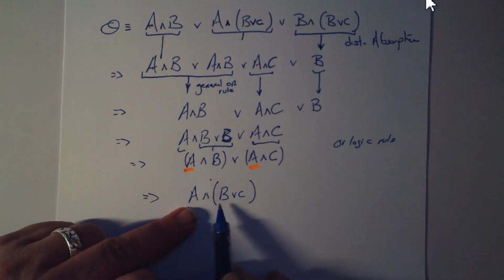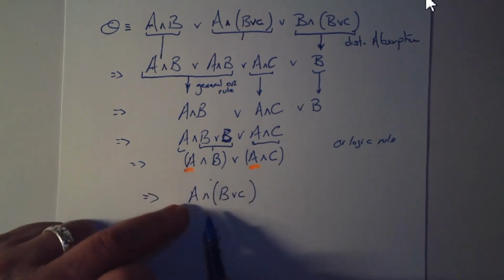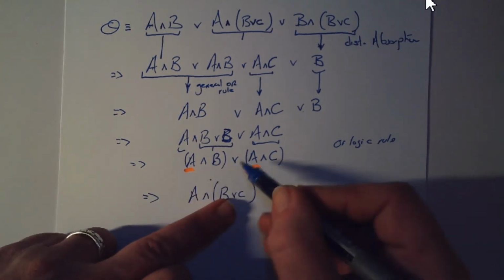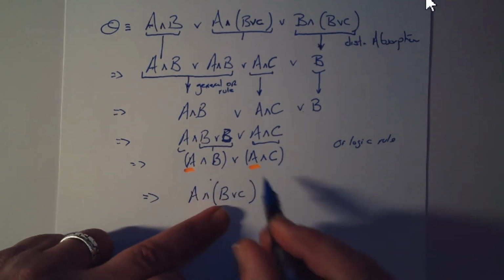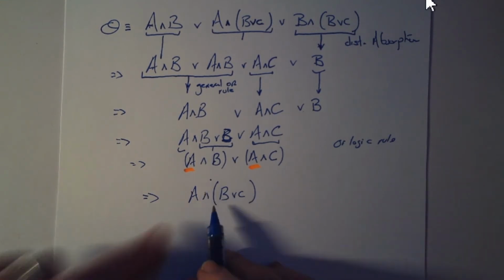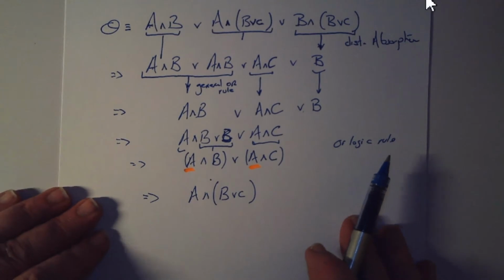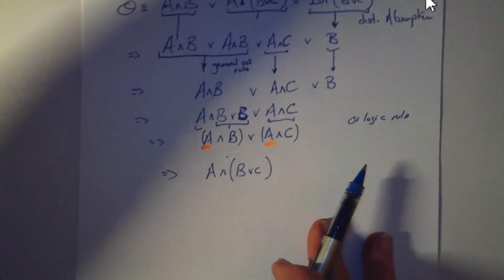So I'm going to have A applied to B, so that gives me A and B, which is there. A applied to C, which gives me A and C there, and of course we've got the OR operator in the middle. So this essentially is as simple as I'm going to be able to reduce my original expression. So let me just move this up, guys. There we go.